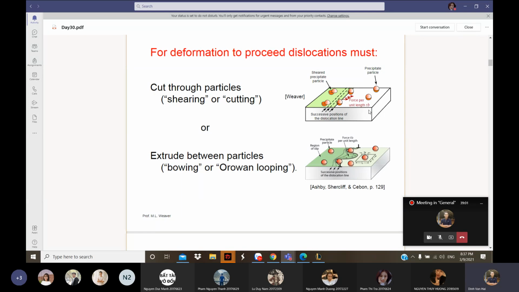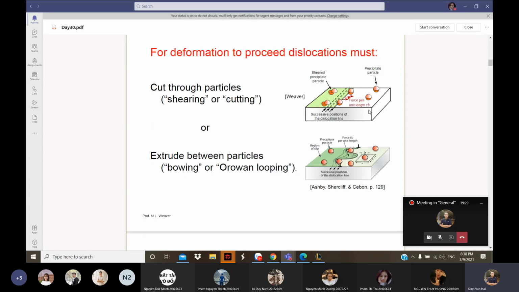If we apply the force more and more, there are two ways the dislocation overcomes it. One is shearing or cutting the particle. You can see on the slide. And the second one is what we call looping, like in the slide.